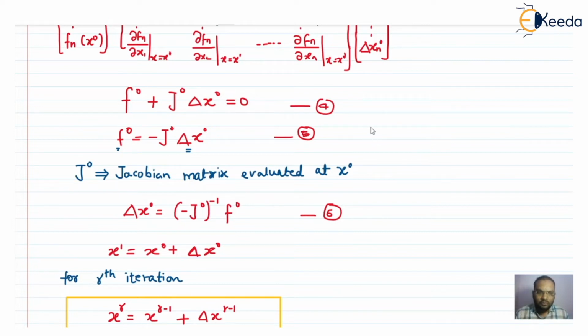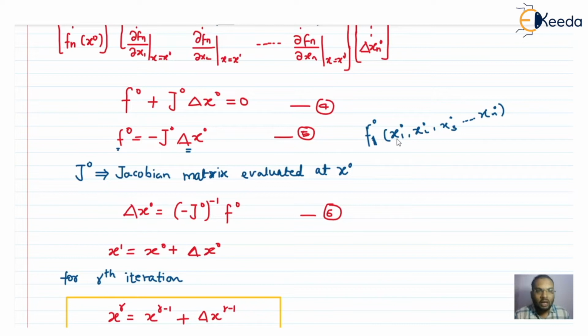Let me write f naught here. Suppose f of i naught, say f1 naught. Definitely it will have the variables x1 naught, x2 naught, x3 naught up to xn naught.